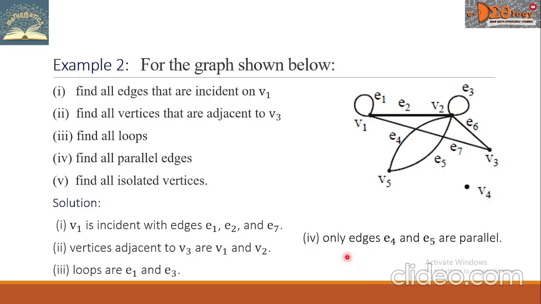So we write only edges e4 and e5 are parallel. Last question. Find all isolated vertices. There is one isolated vertex here, and that is v sub 4. So we write only isolated vertex is v sub 4.